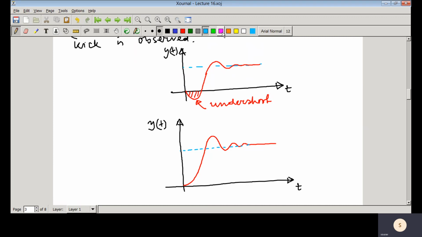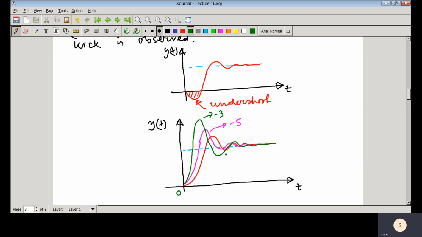Then if you introduce a 0, say at -5, and again if that 0 is moved to -3, you can see that whenever the 0 moves towards the origin, the overshoot increases.